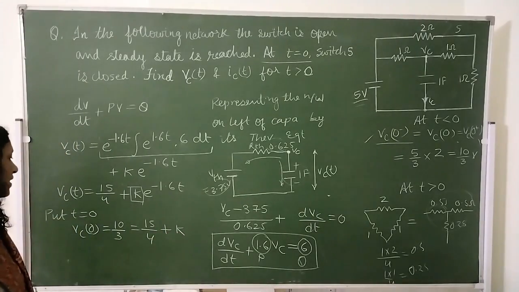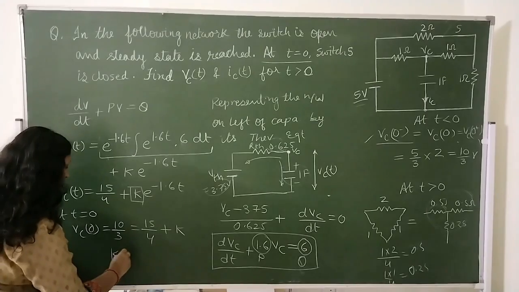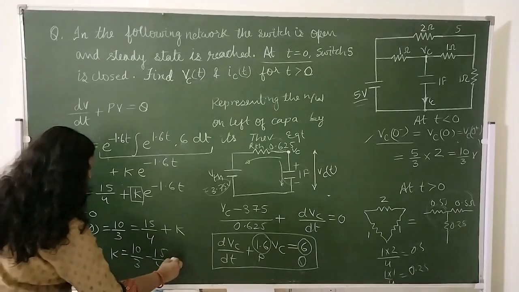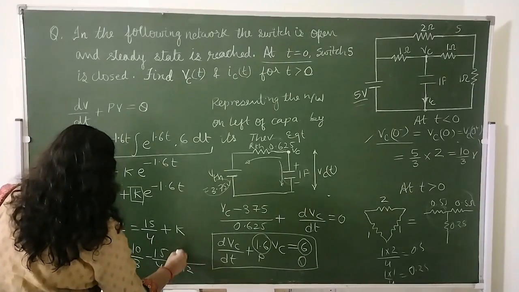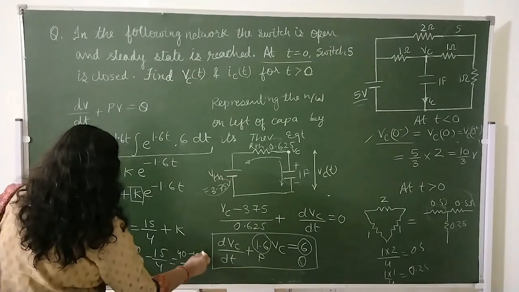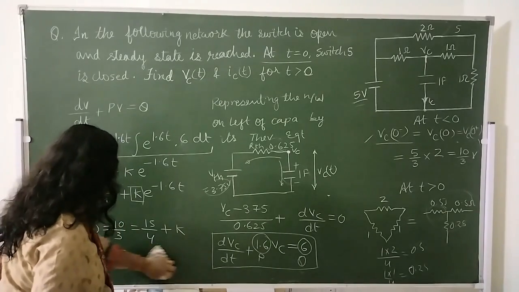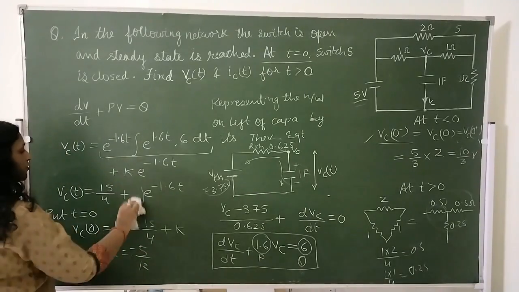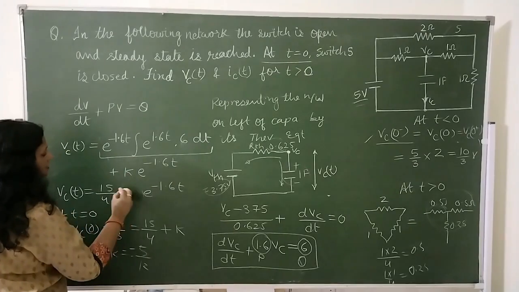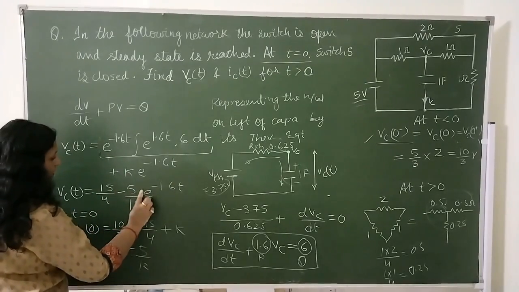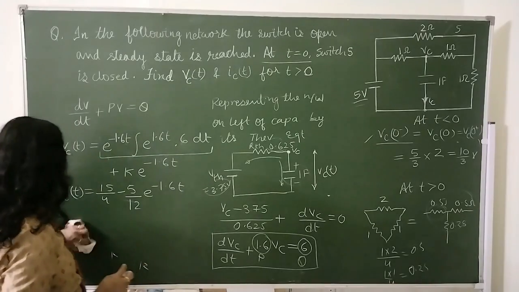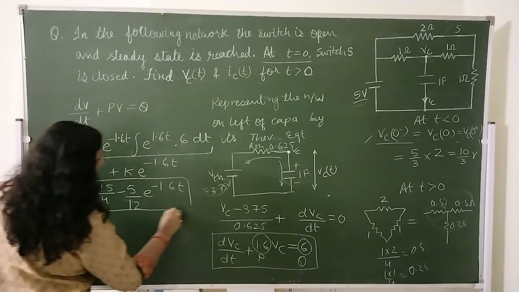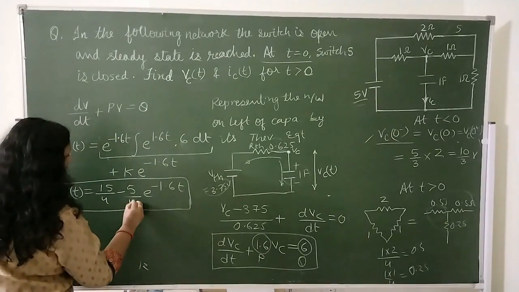So here we can get the value of k. K equals 10 by 3 minus 15 by 4, which equals minus 5 by 12. Substitute this value of k here. So this is the expression VCT for this given network.